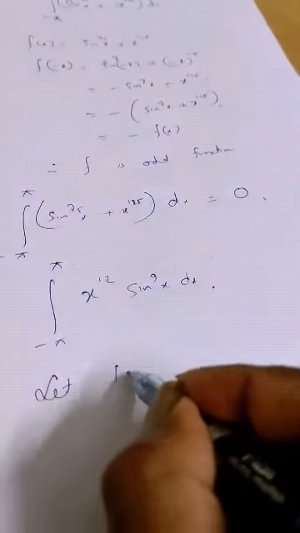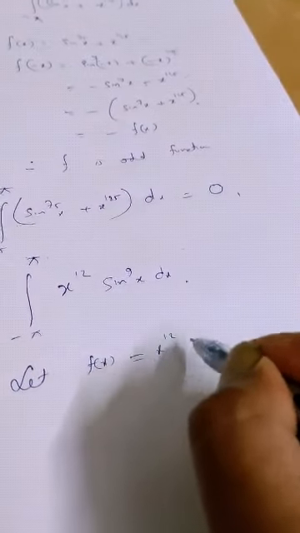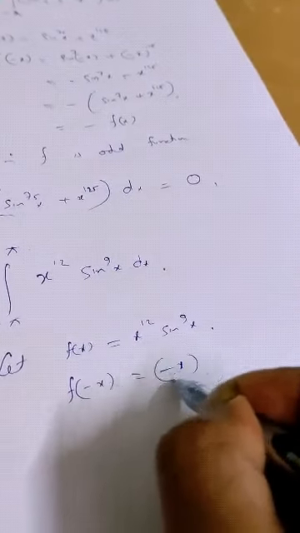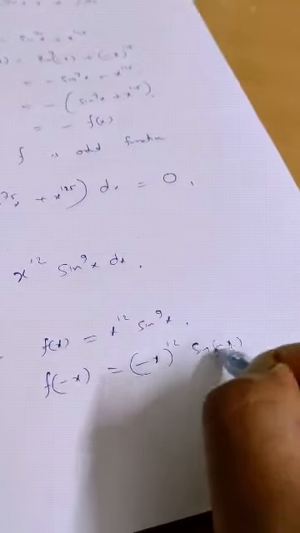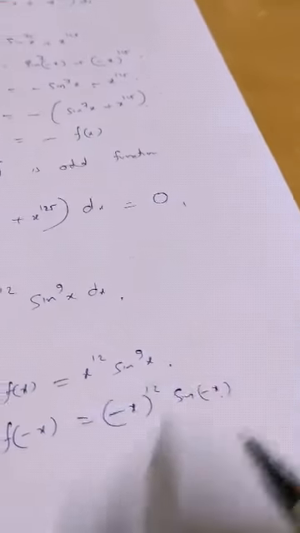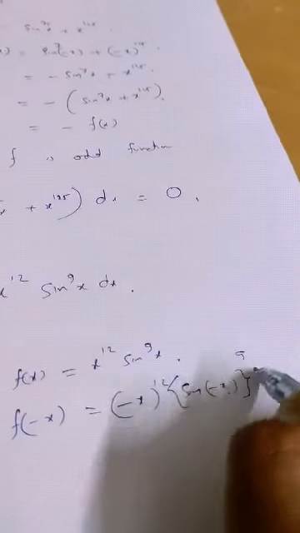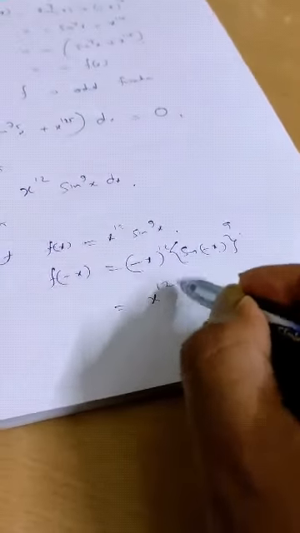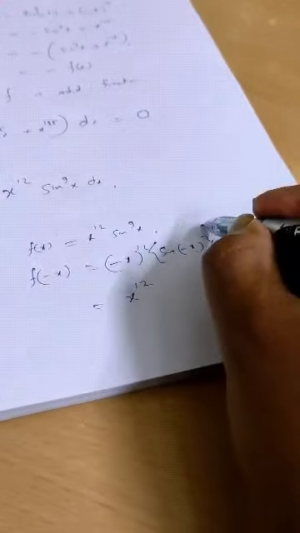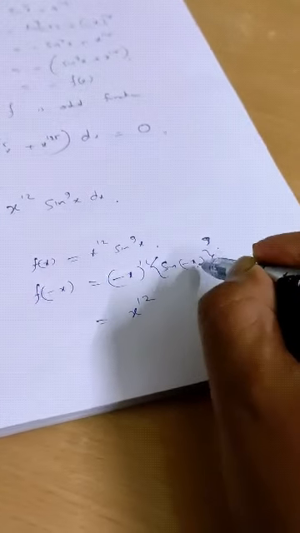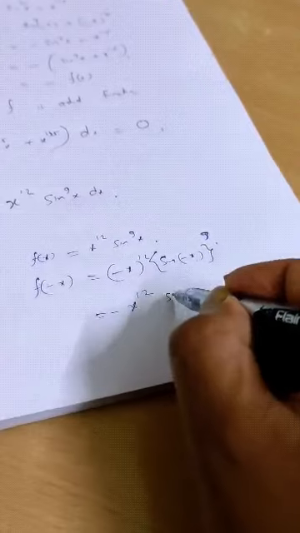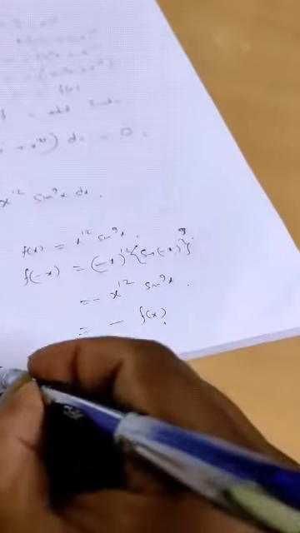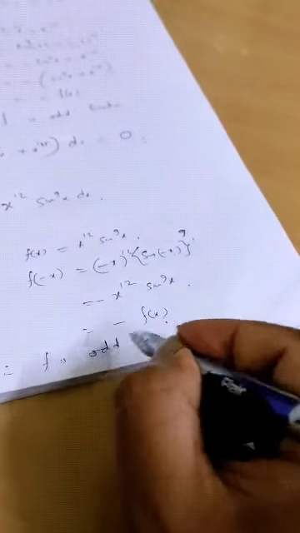Let f(x) equal x to the power 12 sine to the power 9x. You can write f of minus x as x to the power 12, sine of minus x whole thing to the power 9. Now, since the power is 9, sine of minus x is minus sine x, so this will be x to the power 12 times minus sine to the power 9x. This I can write as minus f(x). Therefore, same method, f is odd.